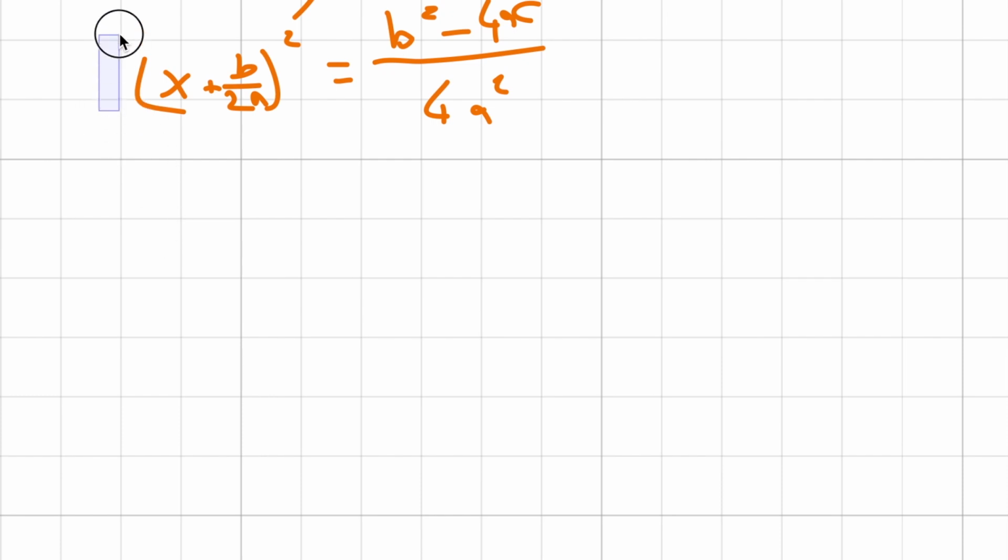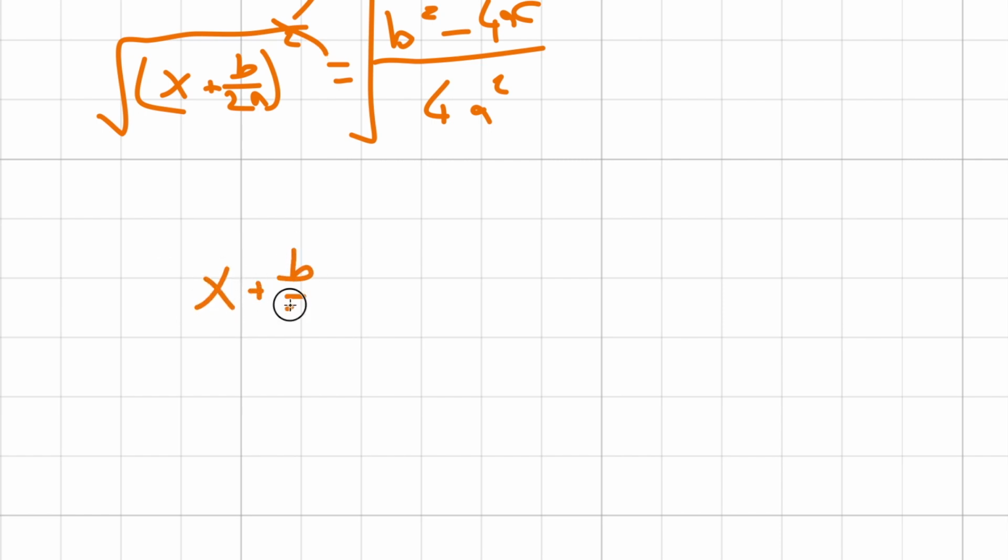So now what we do is we take the square root of both sides. If we take the square root of this part and the square root of this part, the square and square root cancel and you're left with x plus b over 2a equals the square root of 4, and the square root of a squared is going to be 2a.